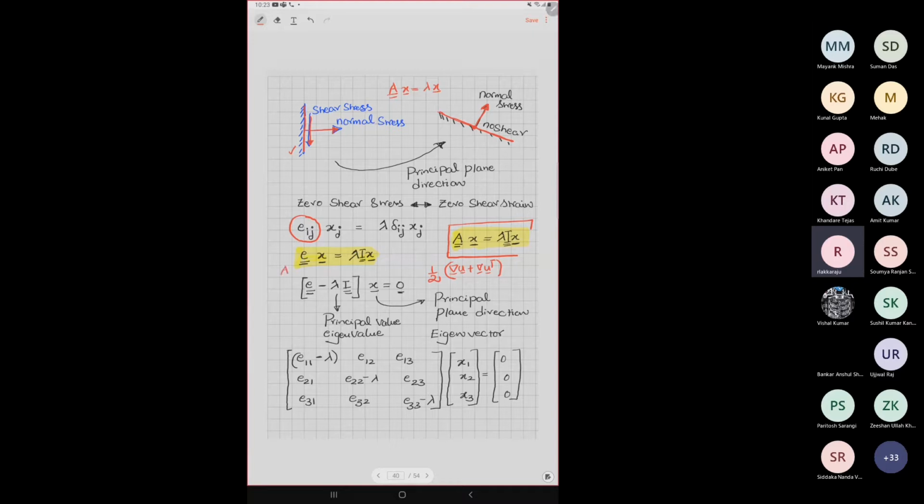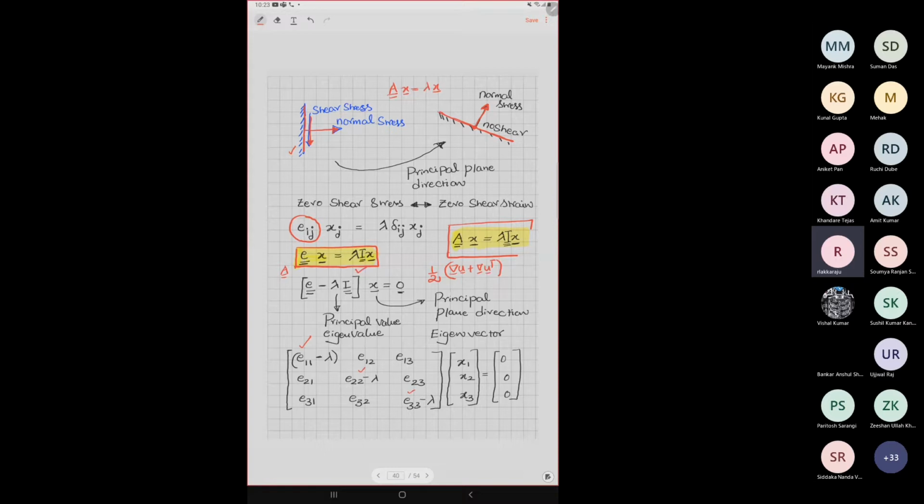Let us think of a matrix here. Can I really rotate that matrix in such a way that I will get only diagonal elements, but off diagonal elements naturally become zero? The meaning is you pick your strain rate tensor E, rotate it in such a way to a particular plane X bar, so that you will end up with λIx.